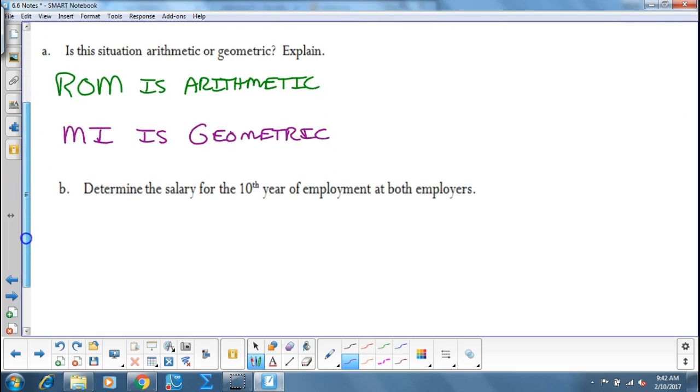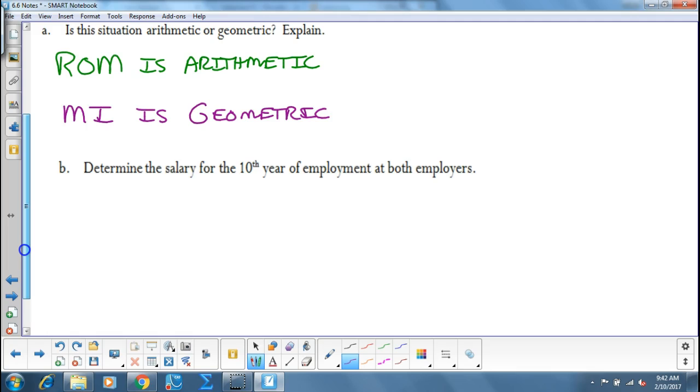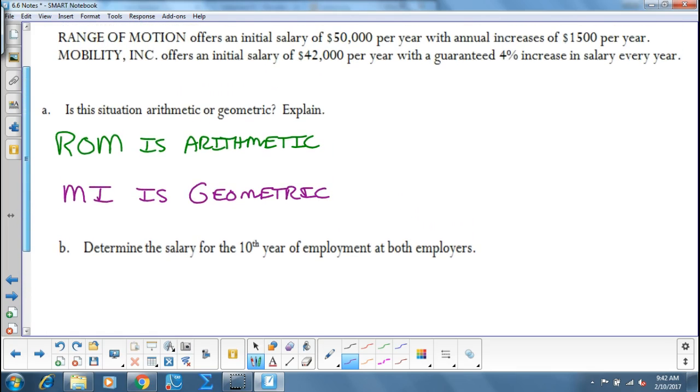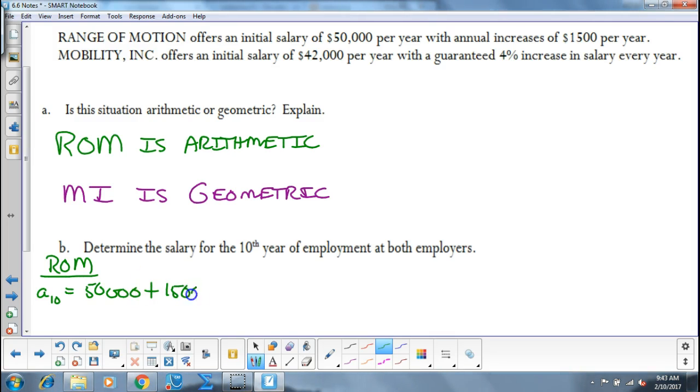Determine the salary for the 10th year of employment at both employers. Let's see if I can get this in here now. So, at Range of Motion, that would be a sub 10 is going to be a sub 1, which was 50,000, plus 1,500 times 10 minus 1.